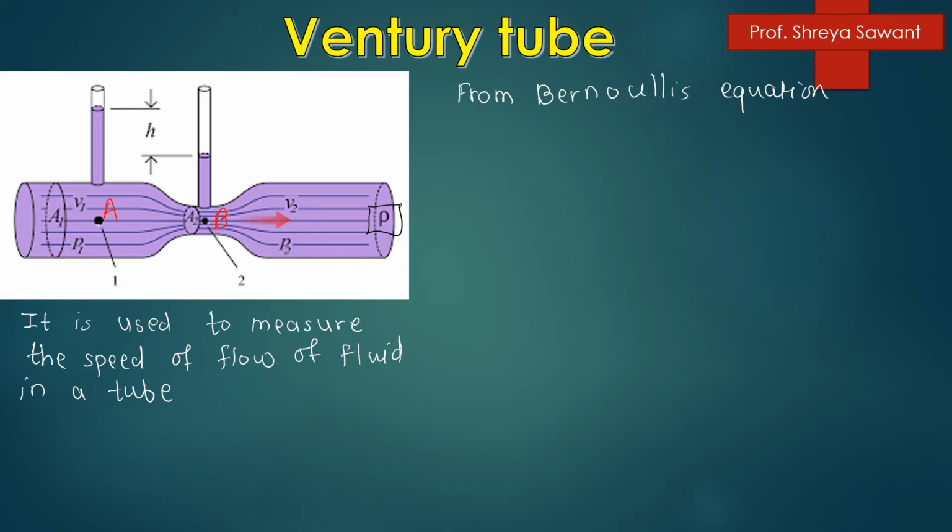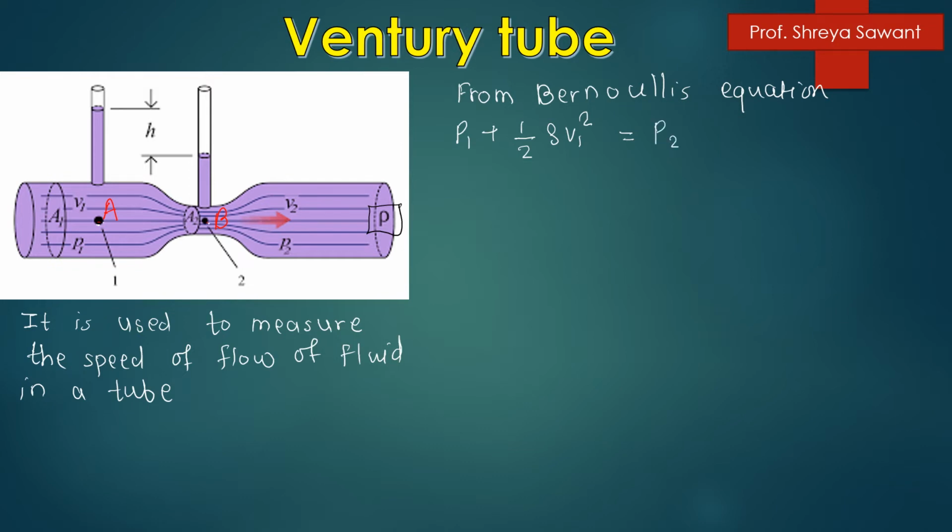So in the Bernoulli equation we write only pressure and kinetic energy. So P1, the pressure at this side, P1 plus 1 by 2 rho V1 square. I'm not writing potential energy because A and B are at the same level, so potential energy gets cancelled out.